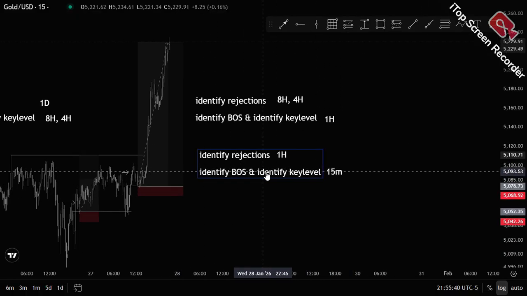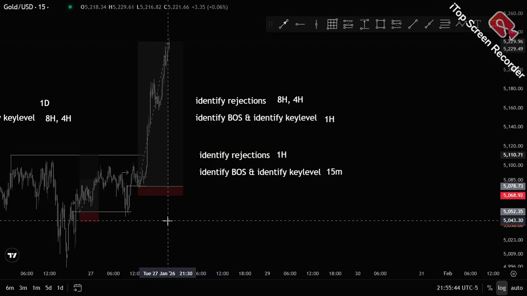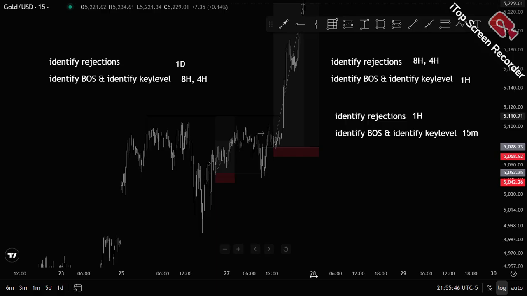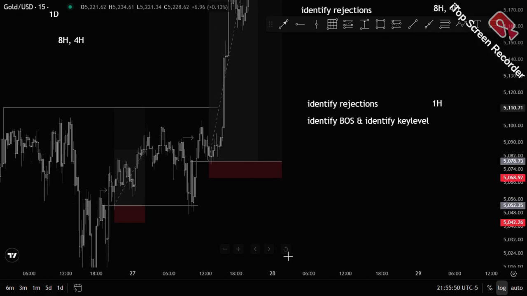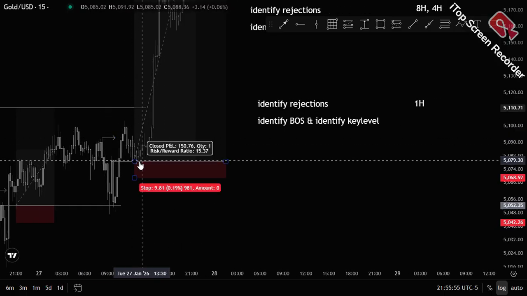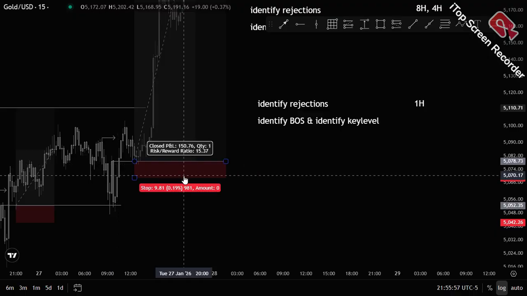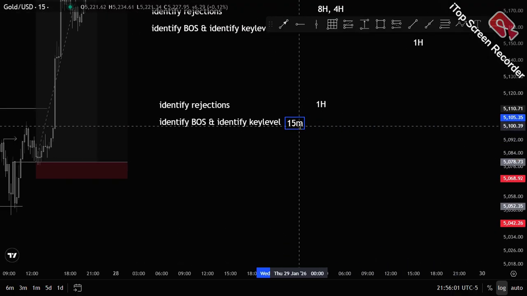We had a 15 minutes break of structure and entry. So we are still in the 15-minute time frame though. So this was our 15-minute break of structure and entry here. So A shape level as key level, then break of structure and entry.